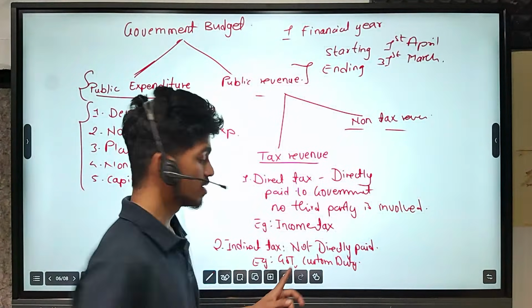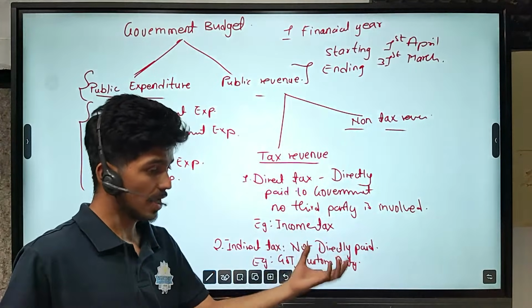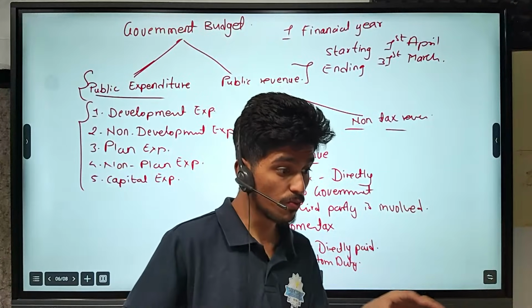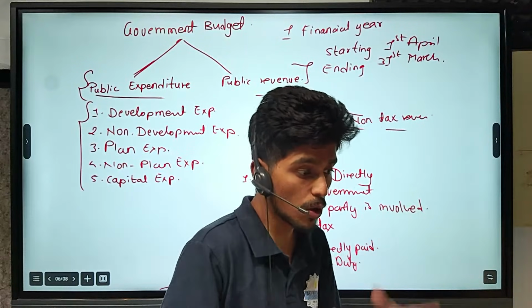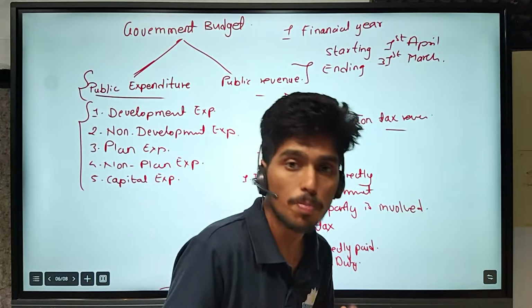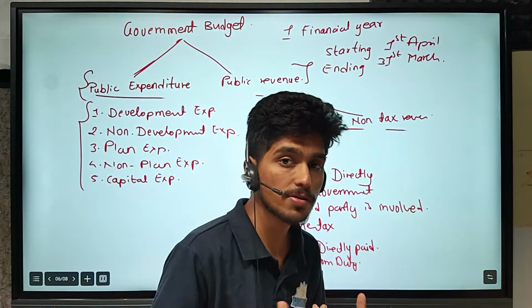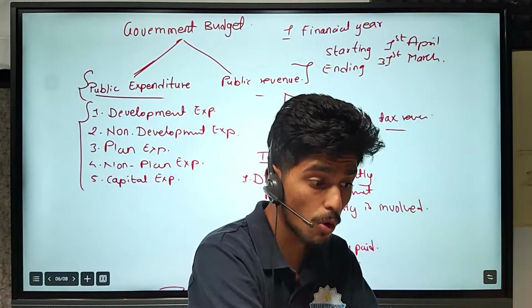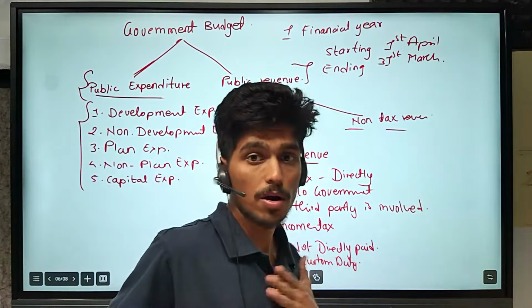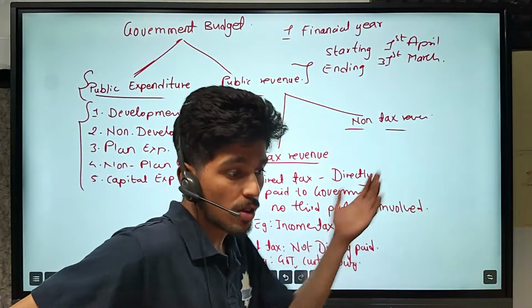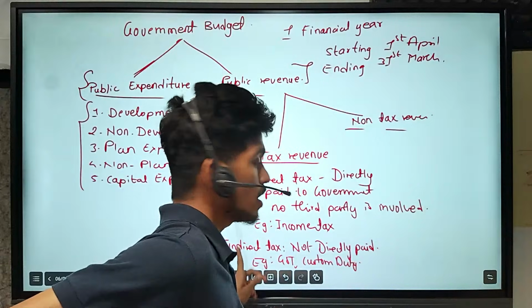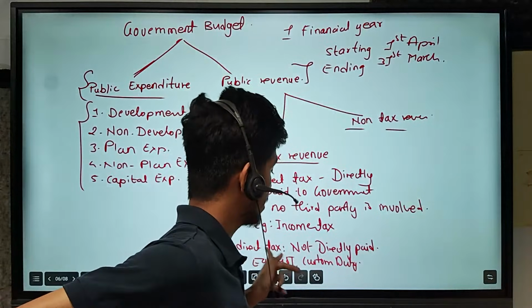So you all know what GST is. We buy a good, we pay GST. Now that GST we don't pay to the government. Of course, it goes to the government, but we are not paying it directly. Who is paying it on behalf of us? The person from whom we purchased pays it. There is a third party involvement between us and the government. There is a shopkeeper who is going to pay to the government. That is called indirect tax.